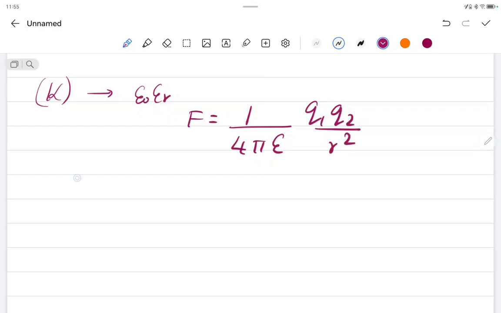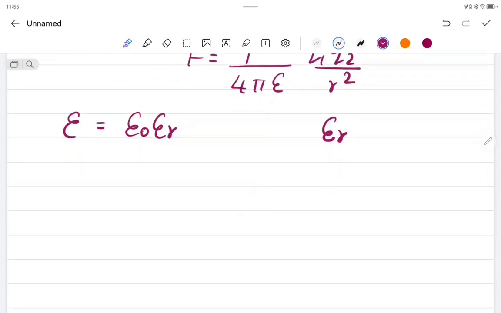This epsilon is nothing but epsilon naught into epsilon R. This is the dielectric constant, also called relative permittivity. We use this when we are replacing the free space by a medium.